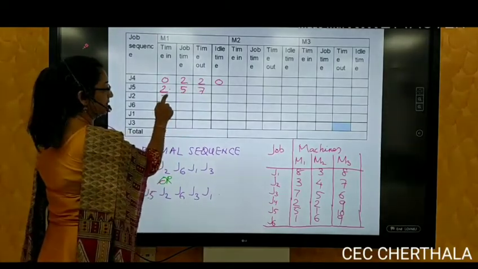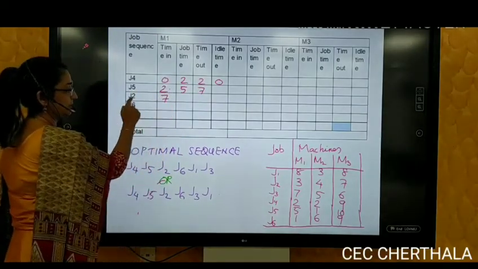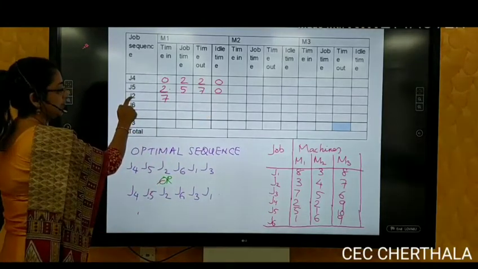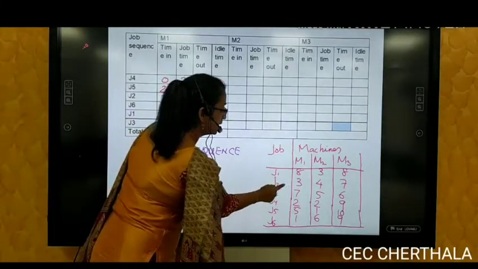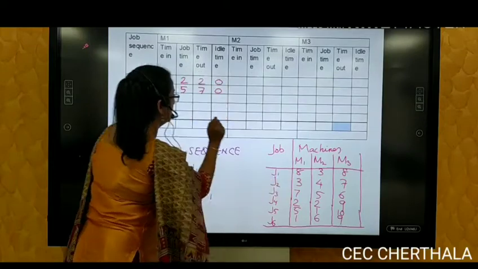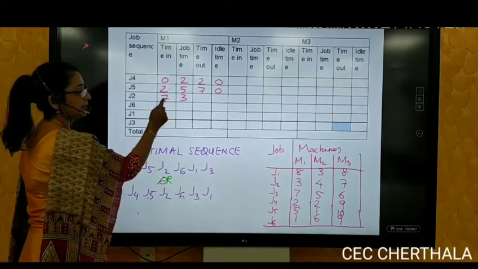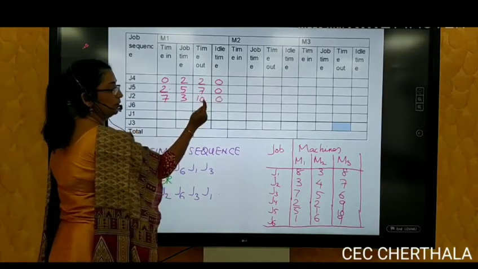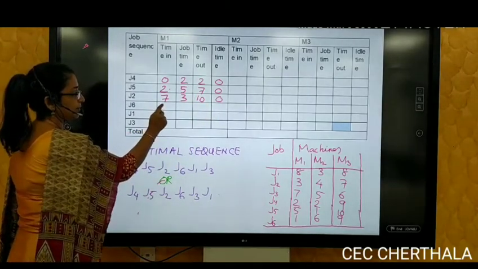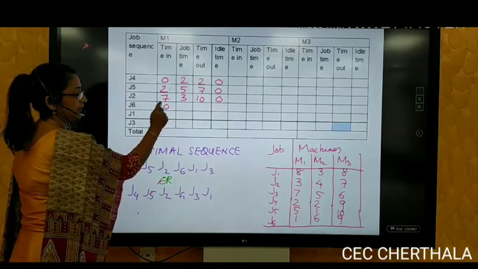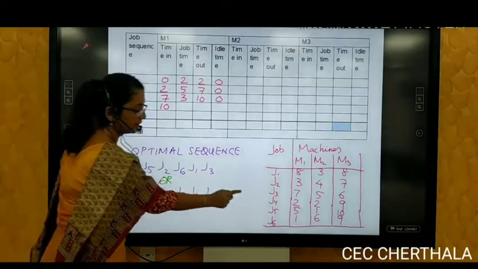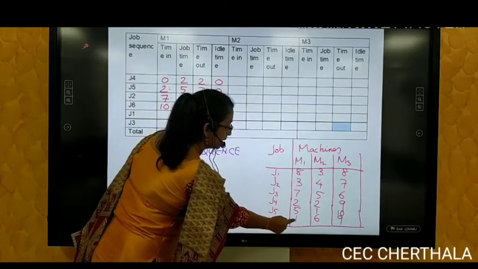Now on the 7th day itself, machine M1 takes the next job J2, therefore idle time 0. J2 takes 3 days at machine M1. Time out is 7 plus 3, 10, idle time 0. Now the 4th job starts on the 10th day, J6.